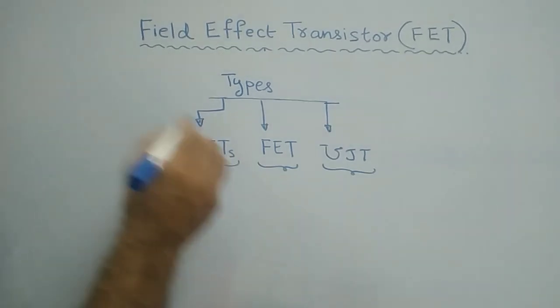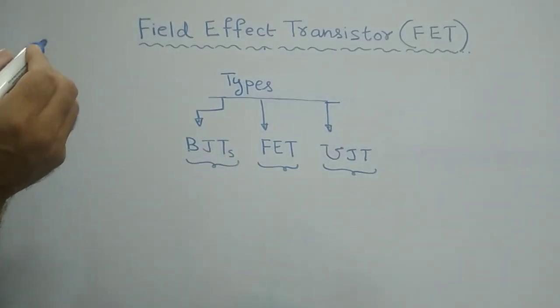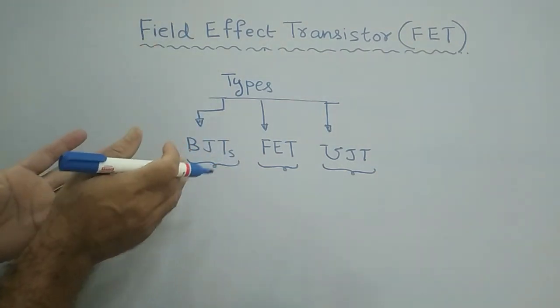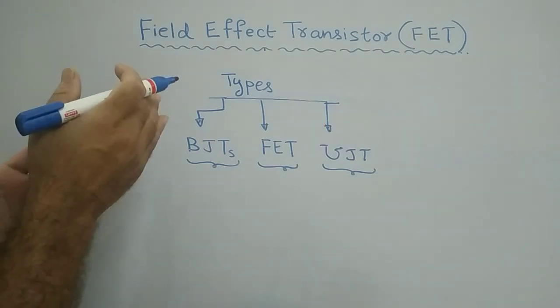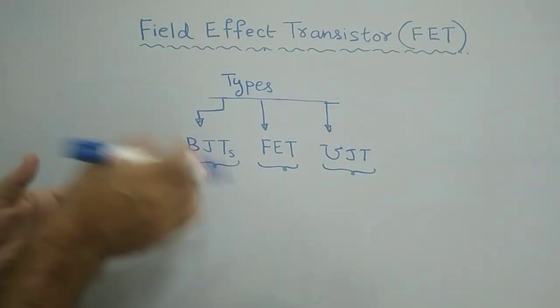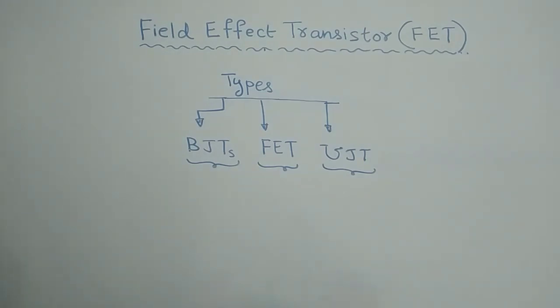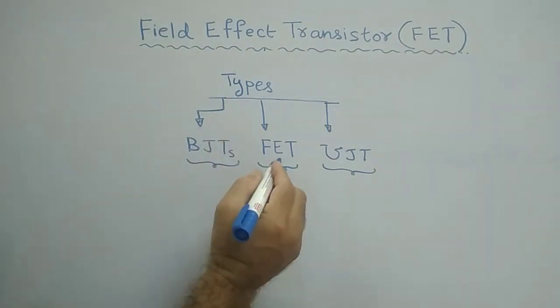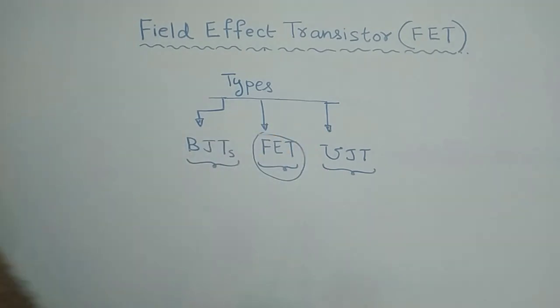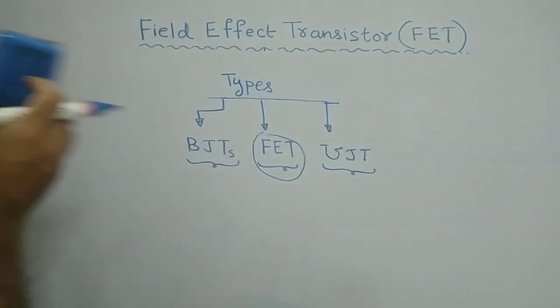These are the three classifications of transistor. In the BJT we have seen in our previous presentations its configurations, the types of amplifiers, and biasing techniques. In this presentation I would like to explain the second classification of transistor, the field effect transistor.